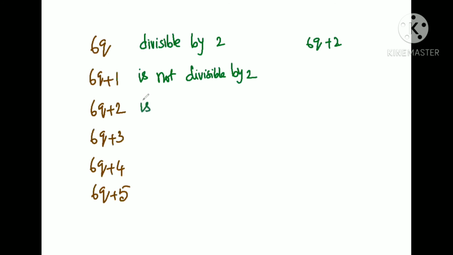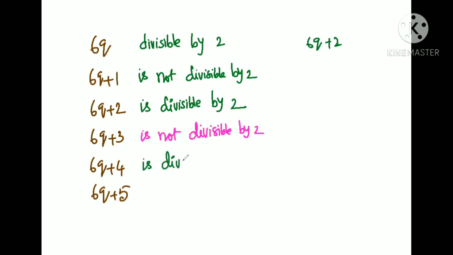Therefore 6q plus 2 is divisible by 2, and 6q plus 3 is not divisible by 2, because here 2 3 are 6 and 3 is not divisible by 2. Here 2 3 are 6, 2 2 are 4, and this one is not divisible by 2.